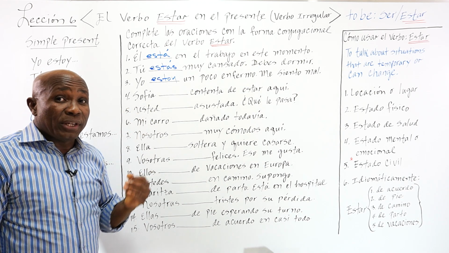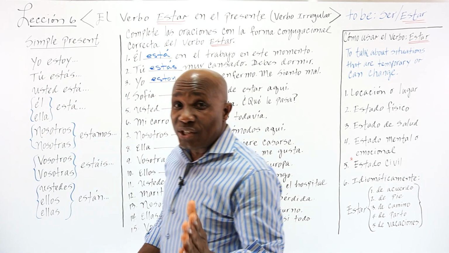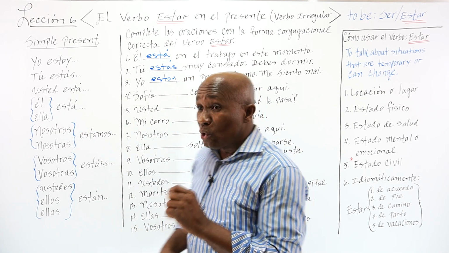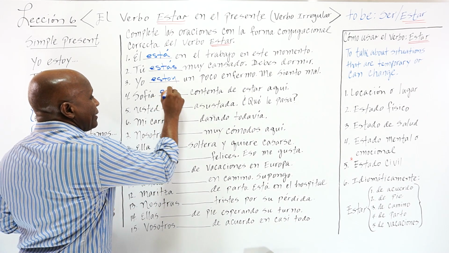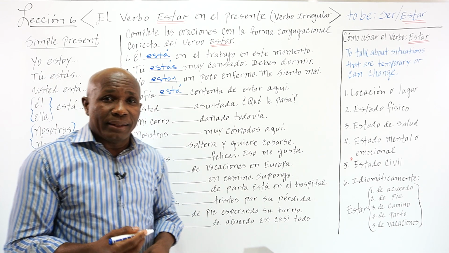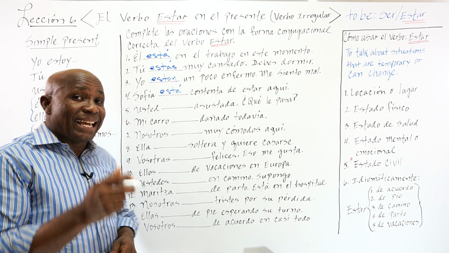Sofía. Sofía is a third person, right? Sofía is ella, right? So, ella está. Sofía está contenta, right? That's content, like happy, right? Sofía está contenta de estar aquí.